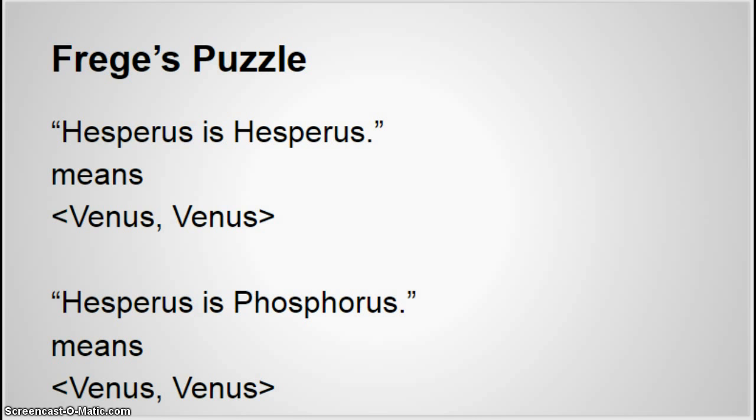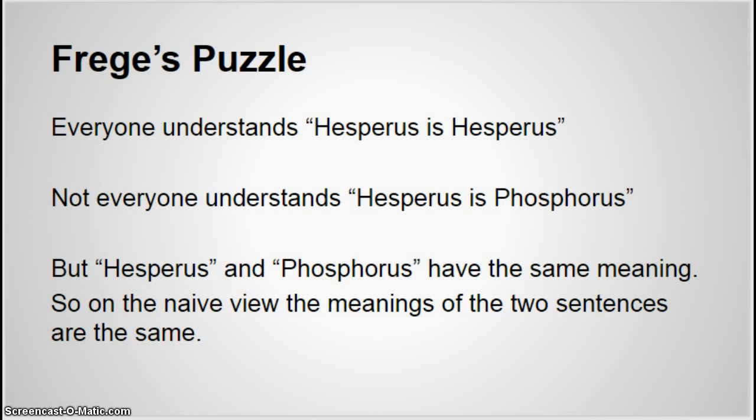Now, the same sort of thing goes for "Hesperus is Phosphorus," right? Phosphorus just means Venus also, given the naive semantic theory that meaning is reference. So these two sentences have the same meaning. Now, the problem is everyone understands "Hesperus is Hesperus."